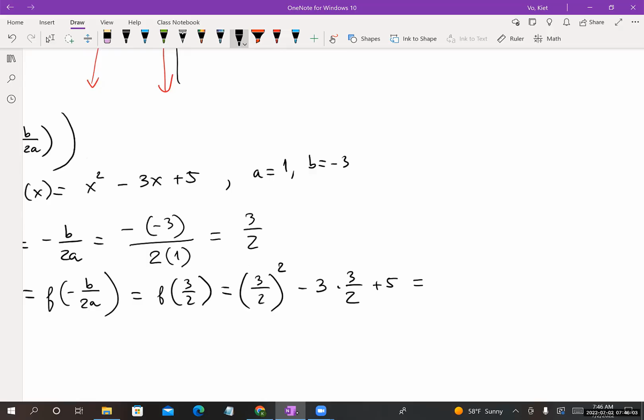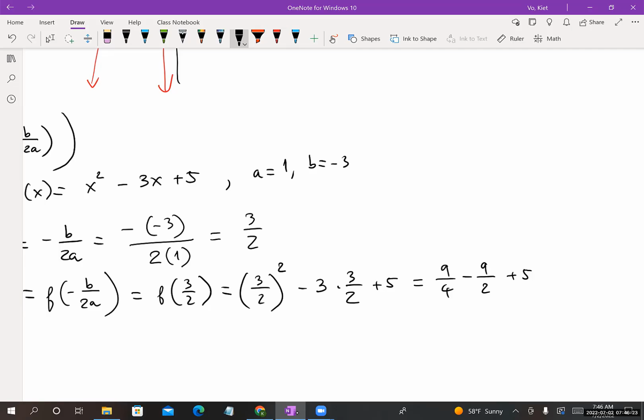So I have 9 over 4 minus 9 over 2 and then plus 5. I think I can get the common denominator to be 4. So this would be 9 over 4 minus 18 over 4, and that gives me negative 9 over 4.